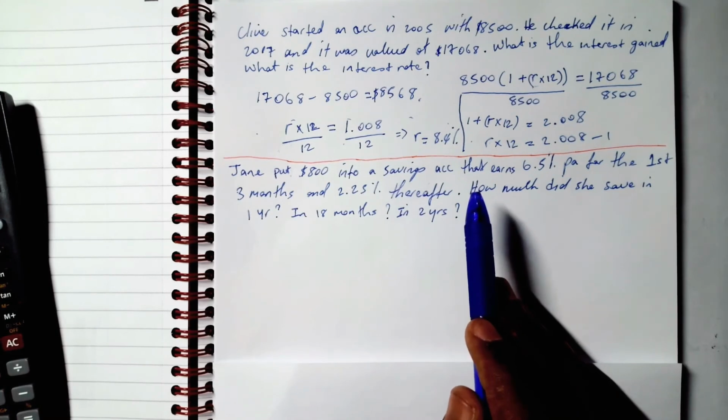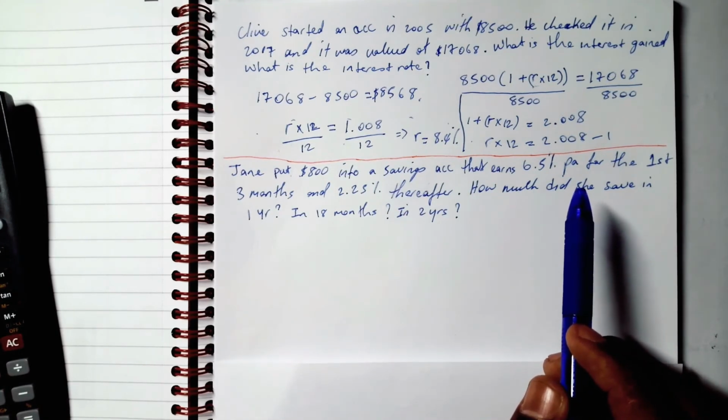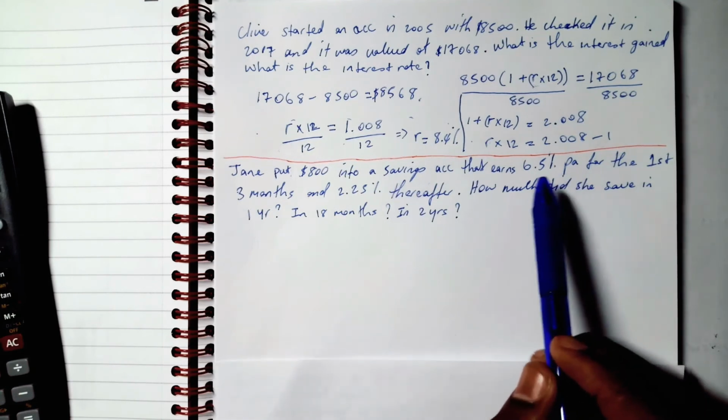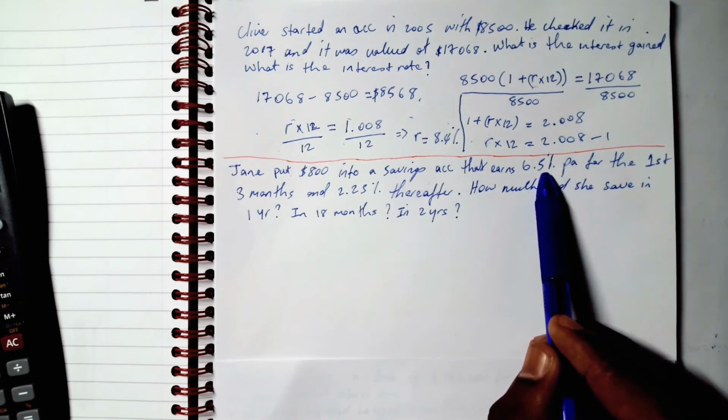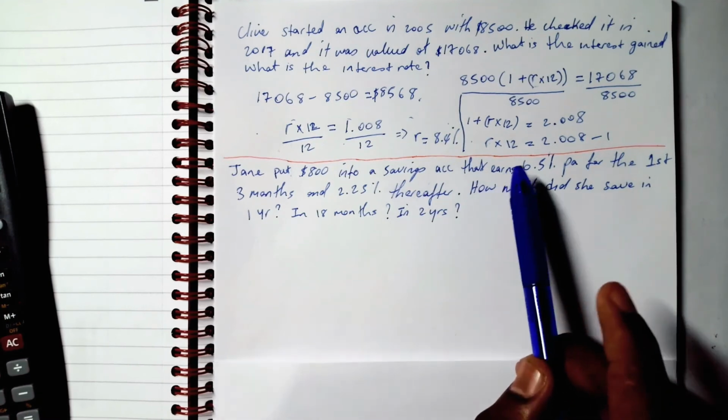Alright, so I want you to notice something. There's 2 different interest rates being applied to her savings. The 6.5 for the first 3 months and the 2.25 thereafter.